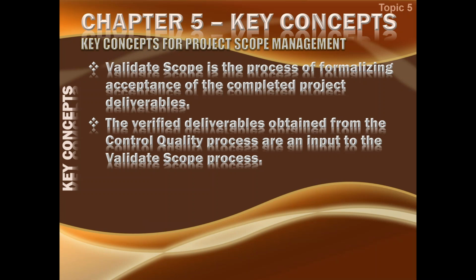Once that has been found correct, this is a verified deliverable. So this verified deliverable comes to the second inspection of validate scope, and if it is found complete according to the product scope, then it is accepted by the user and thus is considered an accepted deliverable.